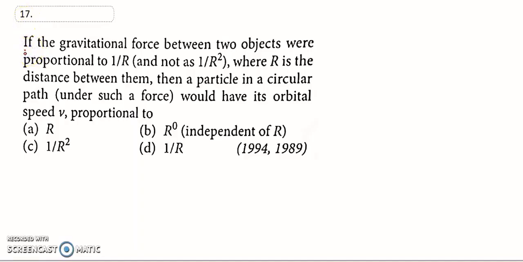Question 17. If the gravitational force between two objects is proportional to 1 by r, not 1 by r square, where r is the distance between them, this is m1 and this is m2, and r is the distance between them.